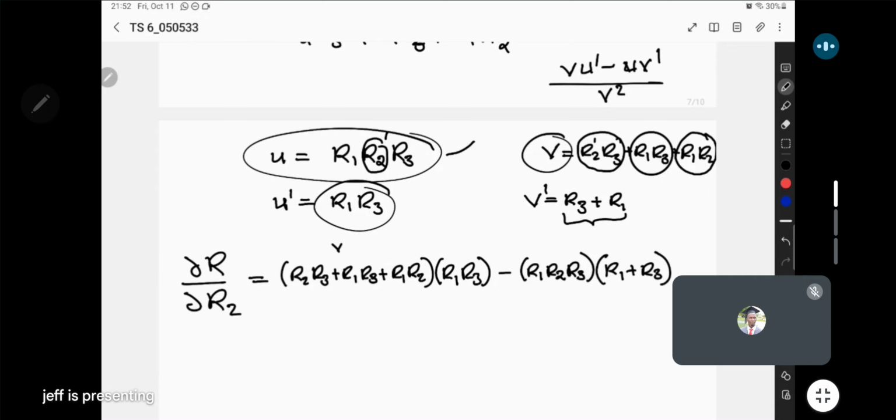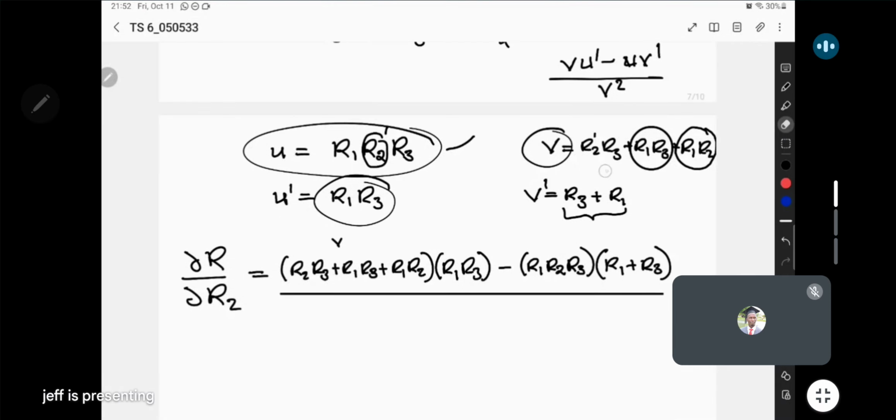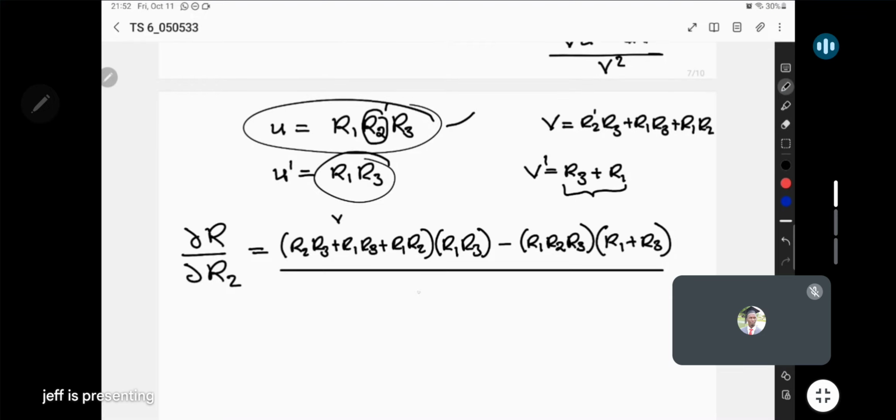Then all this divided by v squared. And v squared, v is this one here. So v squared will be R2, R3, plus R1, R3, plus R1, R2. But remember, v squared, so a square there. So there we have it.